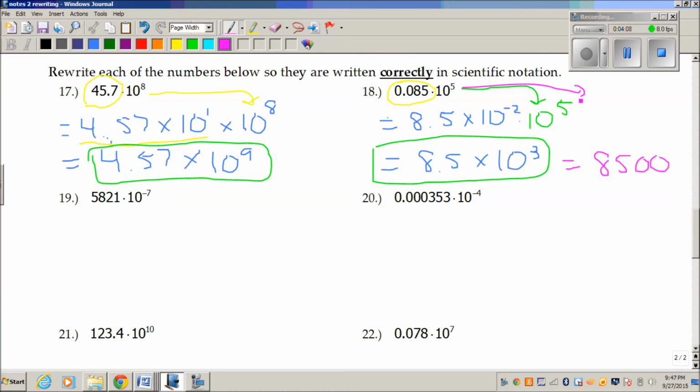I have 0.085, but if I move the decimal 5 place values, 1, 2, 3, 4, 5, and I would put my zeros in, and here I would have also 8,500. So my new number written correctly in scientific notation is equivalent to the original, simply written in scientific notation.